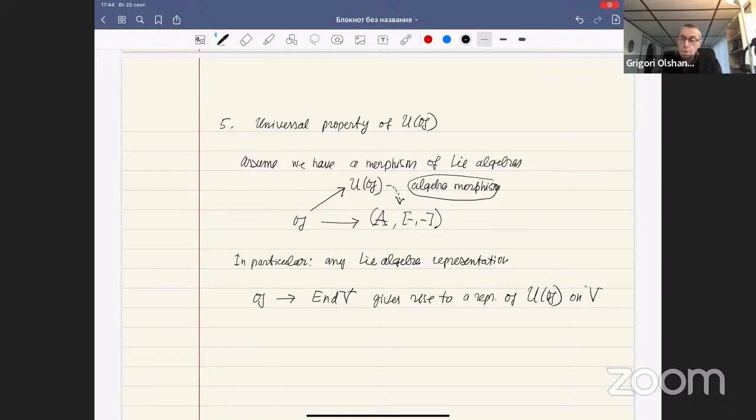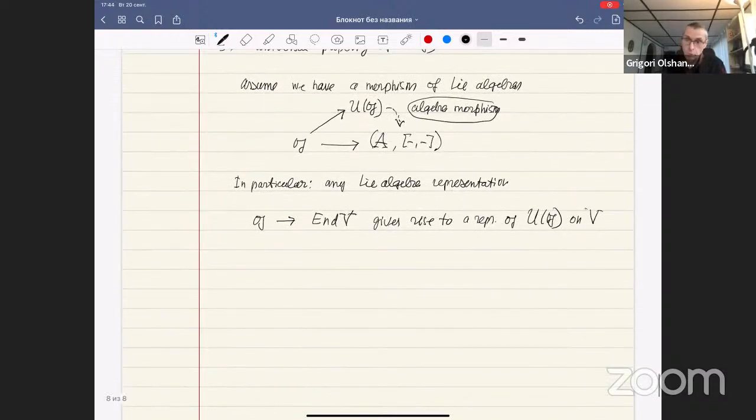And what next? The next topic is the Poincaré-Birkhoff-Witt theorem. I don't want to discuss it in detail. We will begin the next talk with Poincaré-Birkhoff-Witt, but I only would like to explain very briefly what this is.